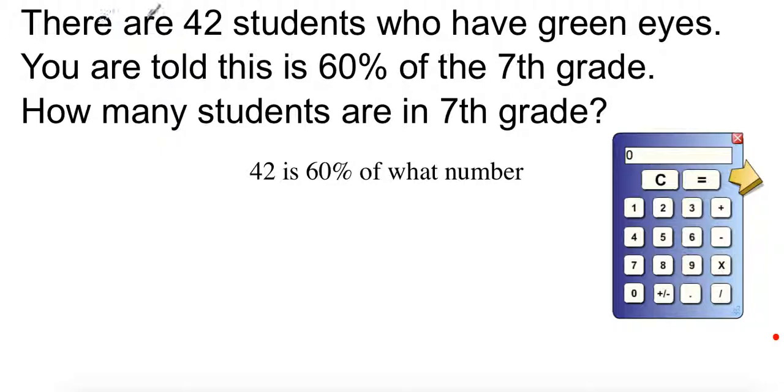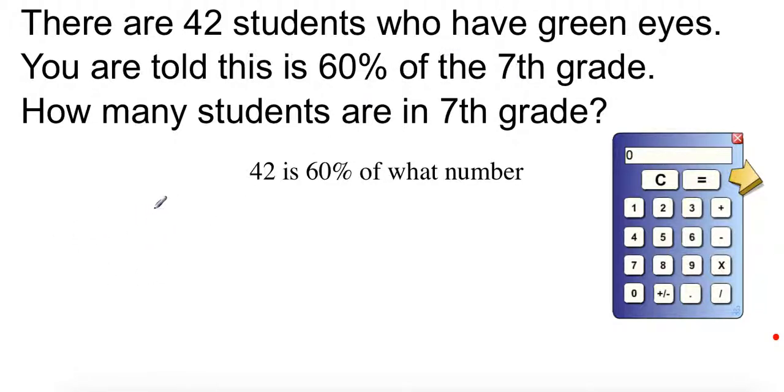That's because we know that 42 students makes up that 60% of the students with green eyes. We don't know what 100% is, so we can't really multiply this percentage by 42 because it wouldn't give us what 60% of the student body is. So this is where proportions come in.